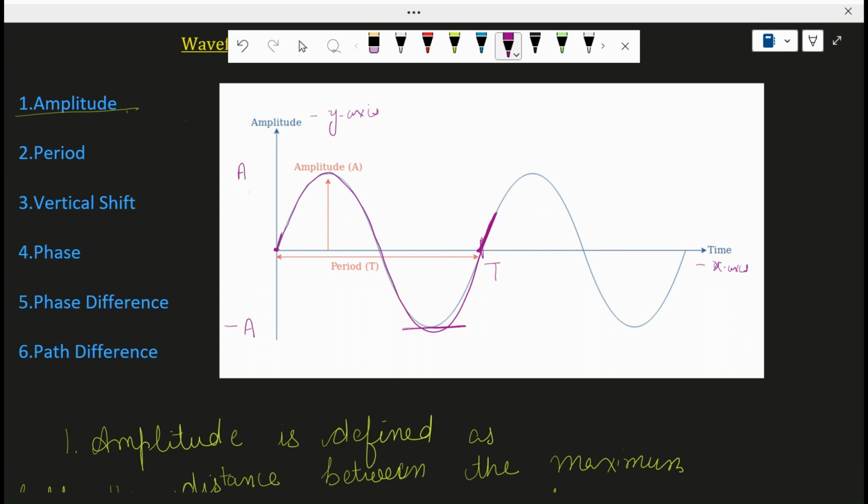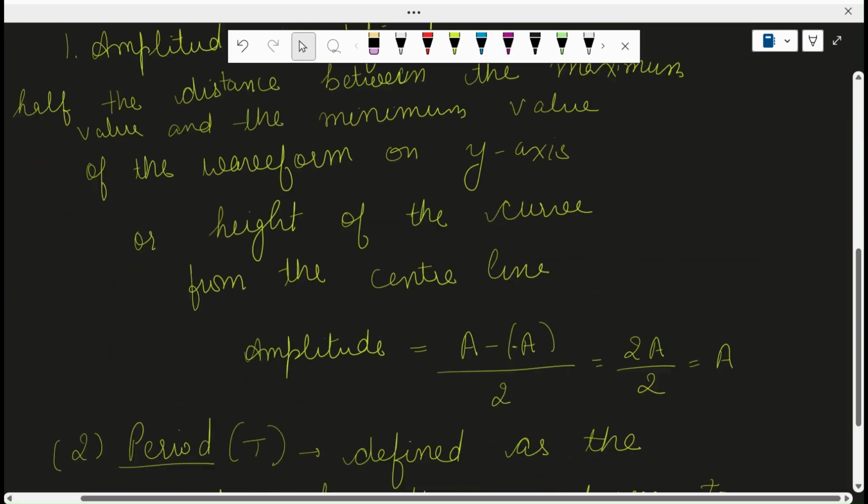So at time t equal to 0 and after time t equal to T, the wave has started traversing the same path. This path, from this point to this point where the wave again traverses the same path, is called the cycle.